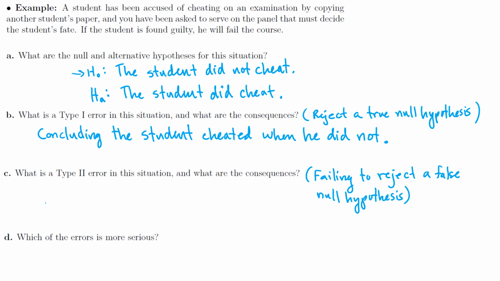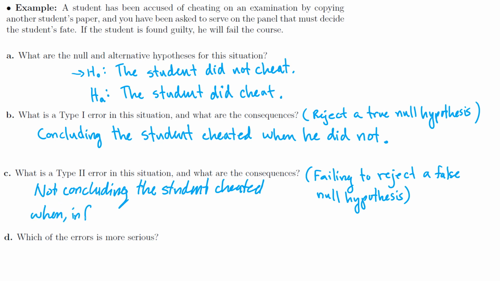So here we would be not concluding the student cheated when, in fact, he did. Those are the two types of errors that could occur here.